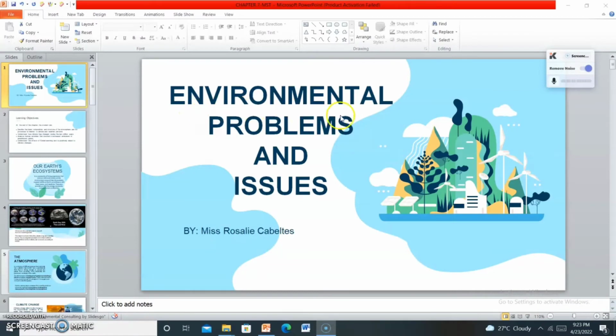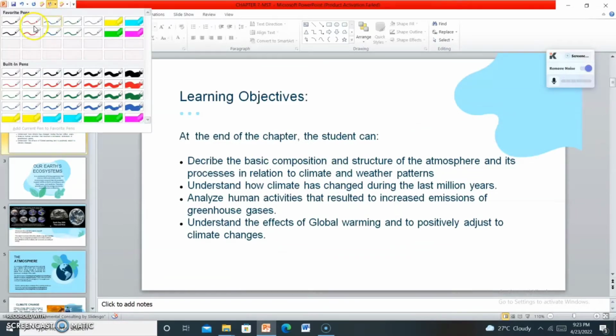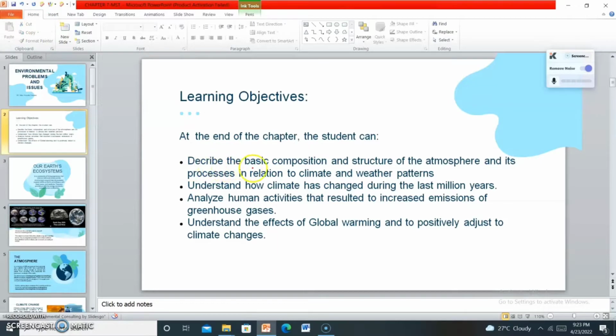Today is about environmental problems and issues. Our learning objectives. First is to describe the basic composition and structure of the atmosphere and its processes in relation to climate and weather patterns.